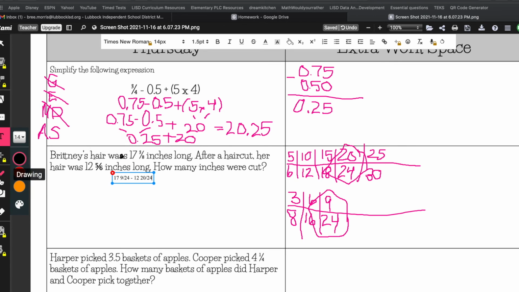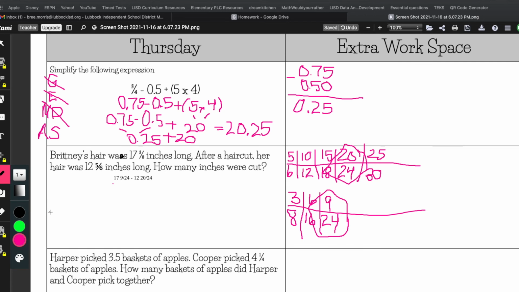We are going to make our number line. We're going to start at 12, not 5/6, our equivalent fraction to 5/6, 20/24.